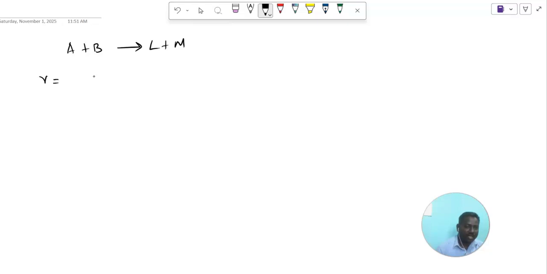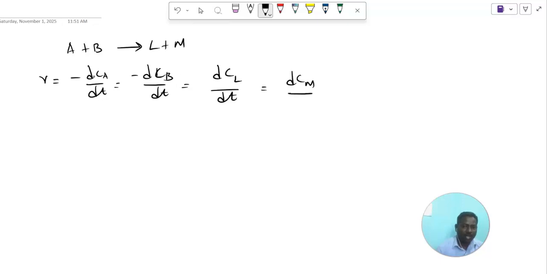In terms of reactant, minus dCA by dt, which is equal to minus dCQ by dt. For product it is dCL by dt or dCM by dt. So this also we can call as rate of the reaction.